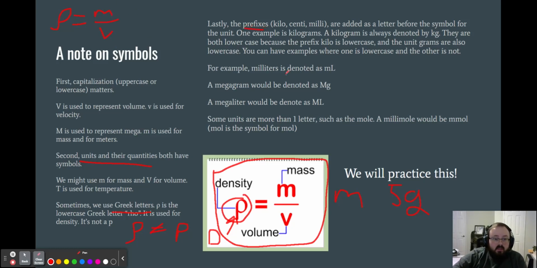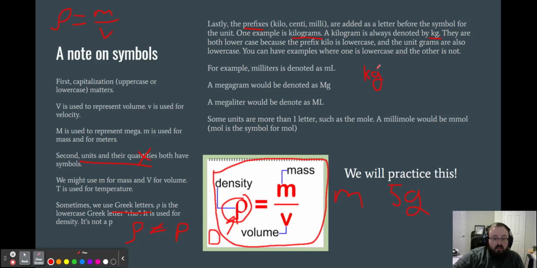So the prefixes are added to the unit, not to the quantities, but to the unit. Kilograms is an example of how we would add it to the unit. The symbol for kilo is a lowercase k. And again, uppercase or lowercase, it does matter. Our symbol for a kilogram is kg, because this g is the unit for gram and it is lowercase.